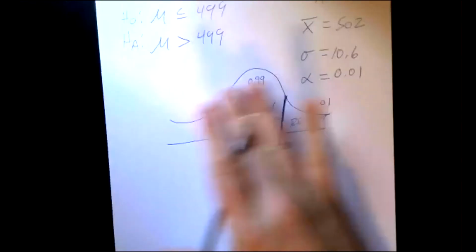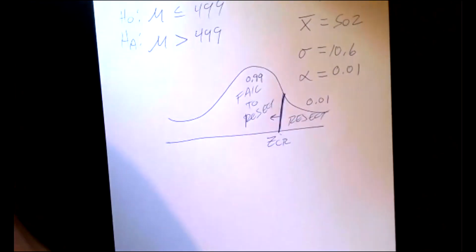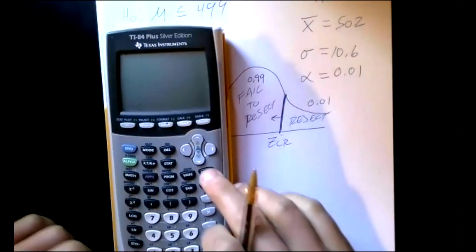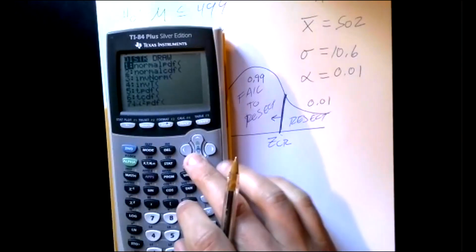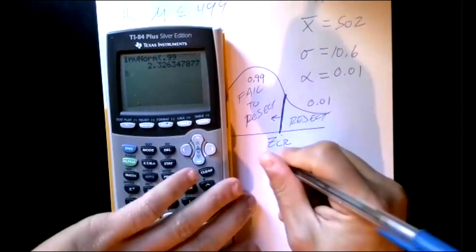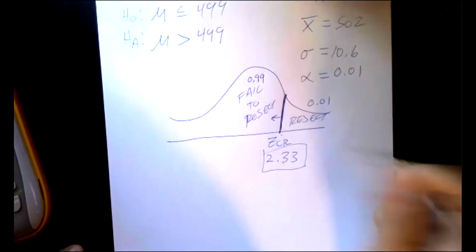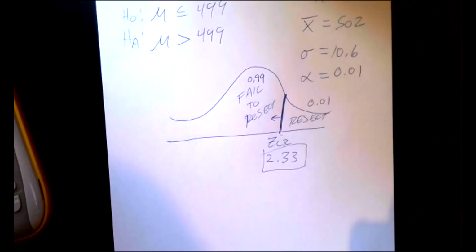If I have the area and I need the Z, I can use the inverse norm function. Inverse norm of 0.99, 2.33. So that'll separate reject from fail to reject.